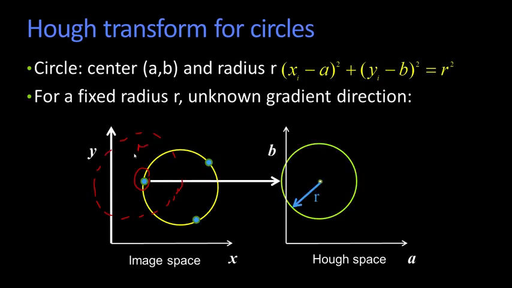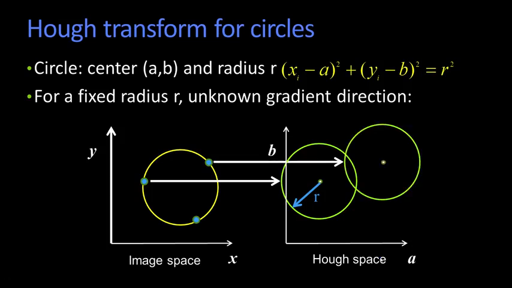And so what that does is it votes for a set of points. And that's what this green line represents, right? This set of points that are around this location in the AB space, okay? So for a single point in the image space, we get a circle of radius r in the Hough space, all right?